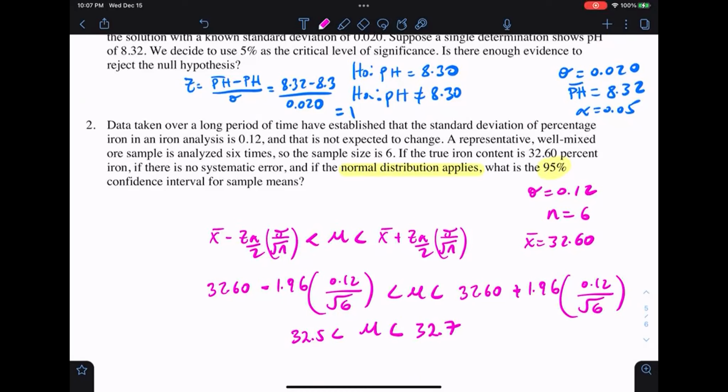What else? Make sure that you know how to use your tables, the Z table, the T table, the chi-square table. Make sure that you know your probabilities for independence, dependence, and mutually exclusive events.